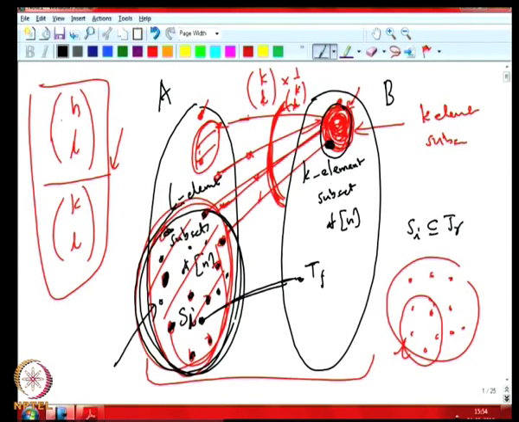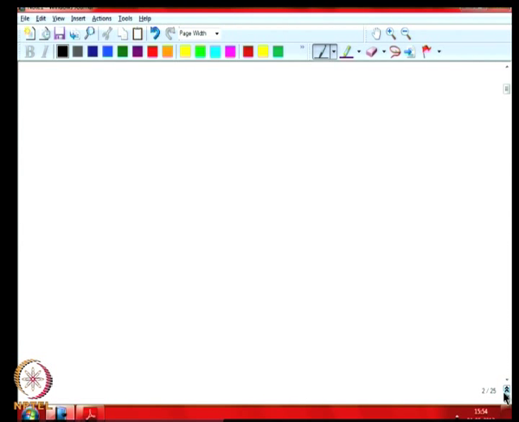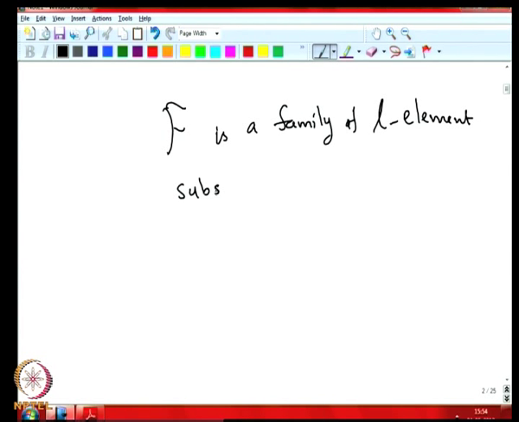So approximately, we want to show that n choose L by k choose L is a requirement, right, at least that much is required. Now to show this, suppose F is a family of L element subsets having the required property.